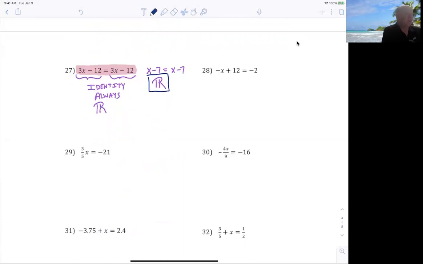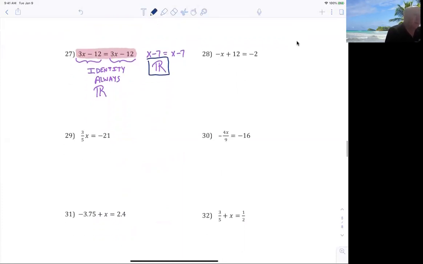Now, there's one other thing I want to talk about right here that you might come up with, all right, is I want you to think about if I said, when does x equal x minus 3? Well, that should look strange to you. When can a number equal itself minus 3?